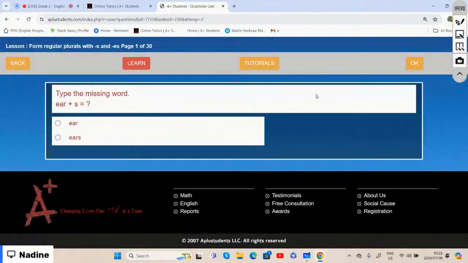All right, so we're going to have to type in the missing word, but basically the plural form of that word. So ear, right? Ear that we use to listen. So we have one ear. So ear plus S. Is it ear or is it ears? Ear plus S if we're referring to more than one ear. Do we say ear or do we say ears?